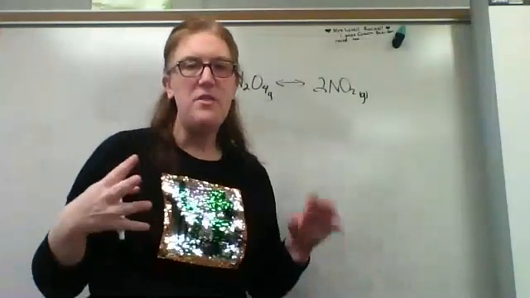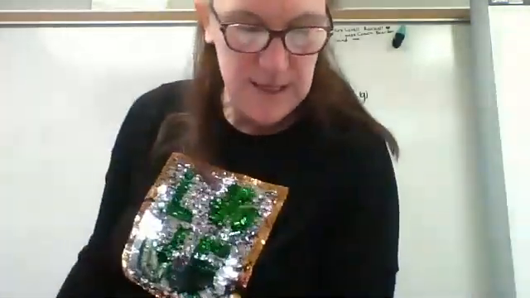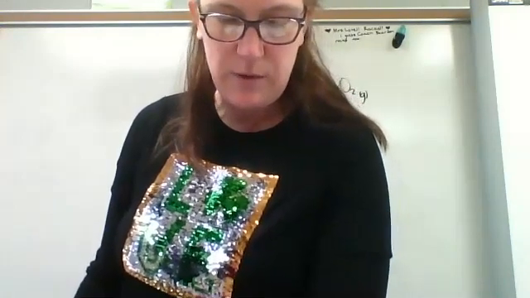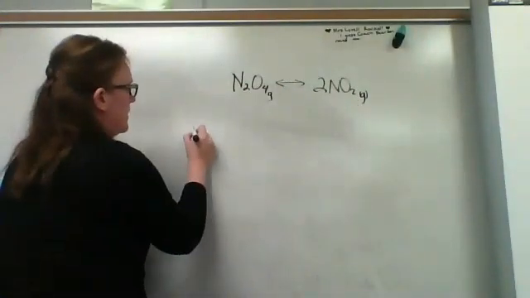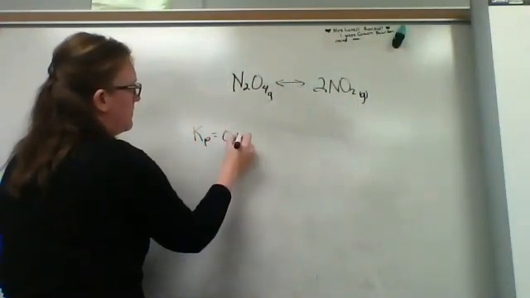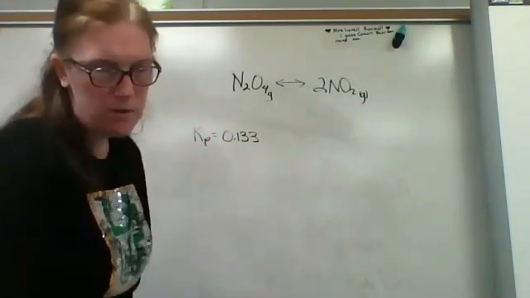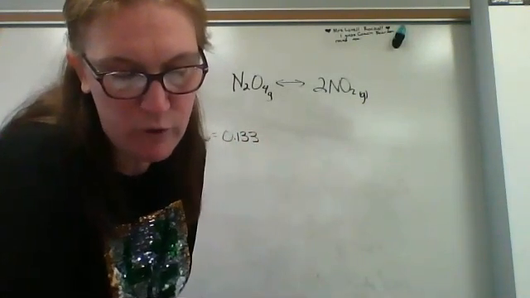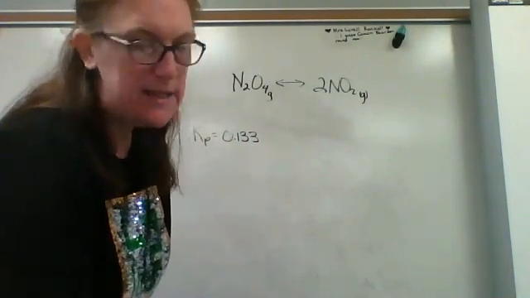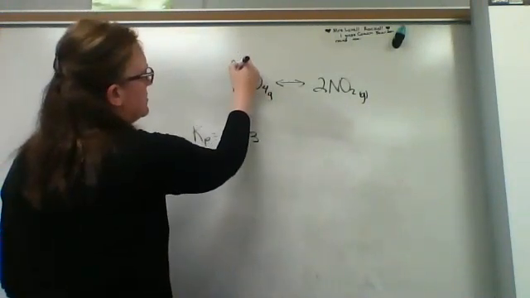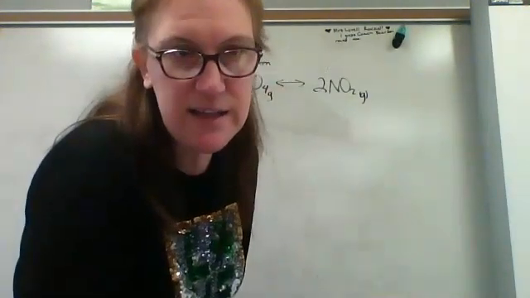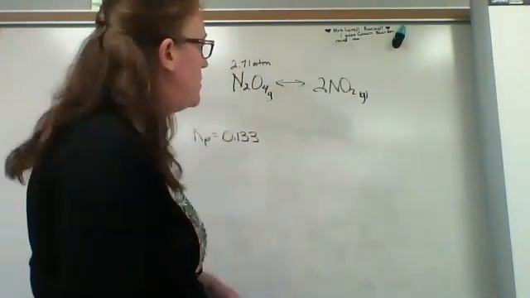Now in the problem, it says, consider this experiment where this was placed in a flask and allowed to reach equilibrium, where the Kp is 0.133. At equilibrium, the pressure of N2O4 was found to be 2.71 atms. So I'm just going to write that here, 2.71 atms.